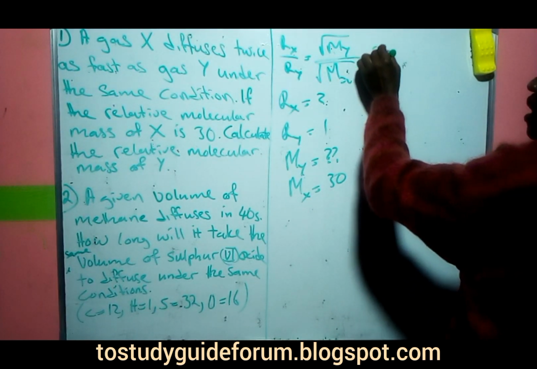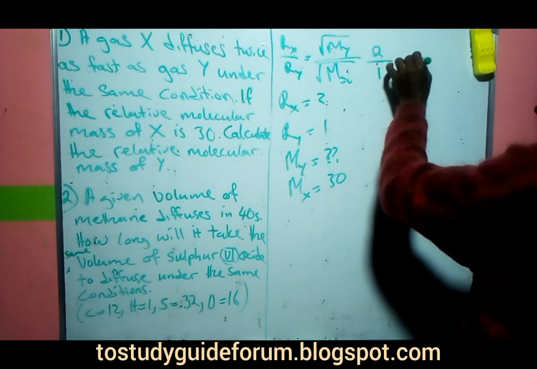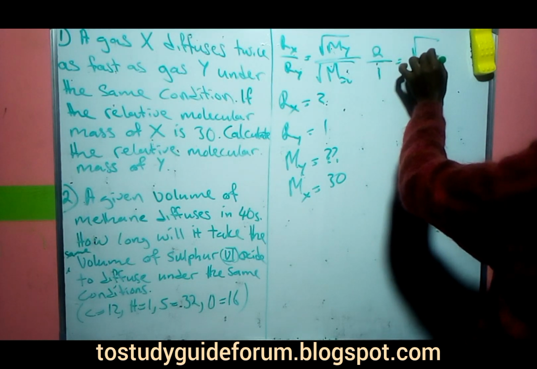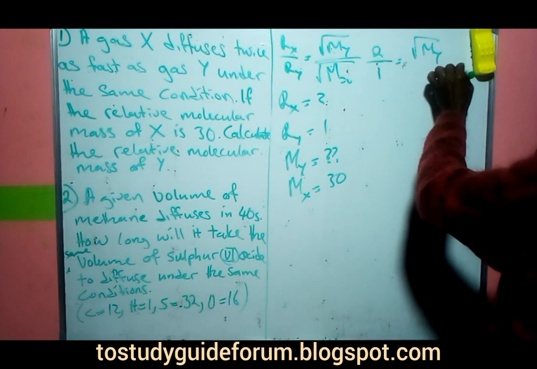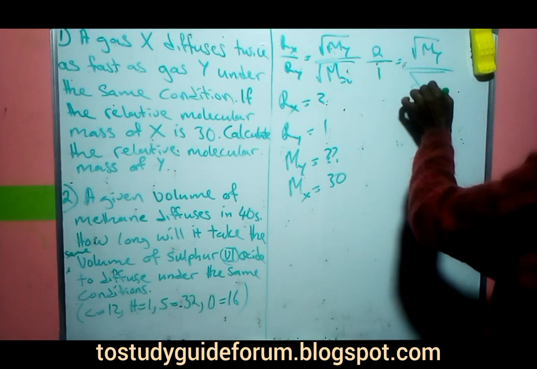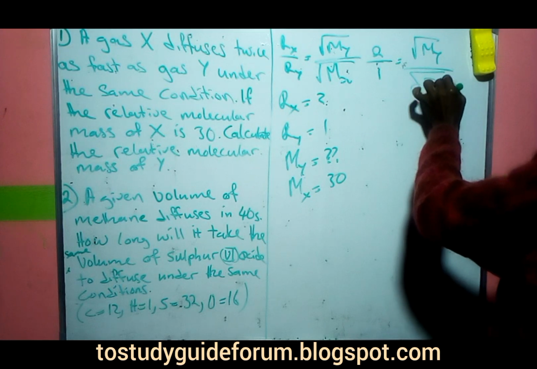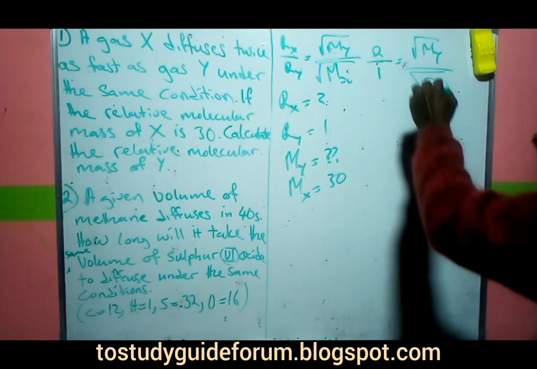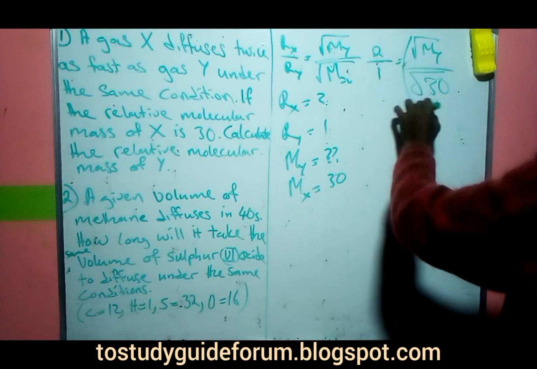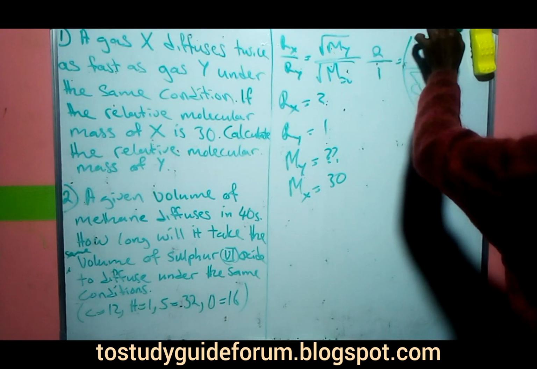We have 2 over 1 equal to the square root of relative molecular mass of Y all over the square root of 30. So to solve this, we can square both sides.